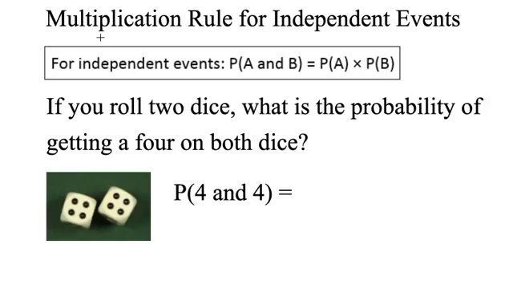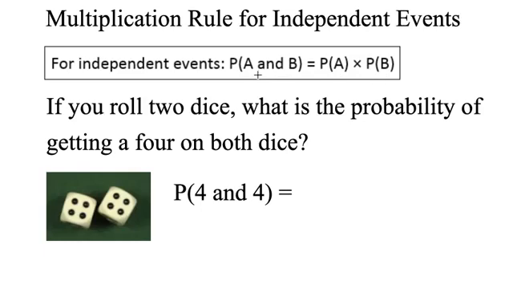Now later you'll be learning about a general multiplication rule, but for now, let's discuss the multiplication rule for independent events. Now, independent events are events that don't affect each other. And when we have independent events, the probability of both A and B happening equals the probability of A happening times the probability of B happening.